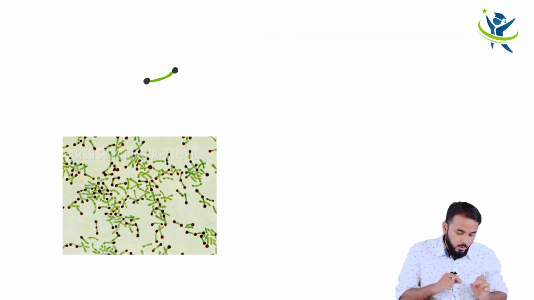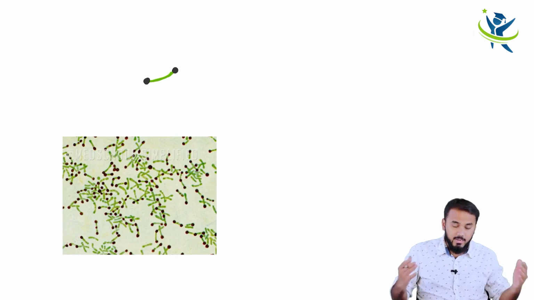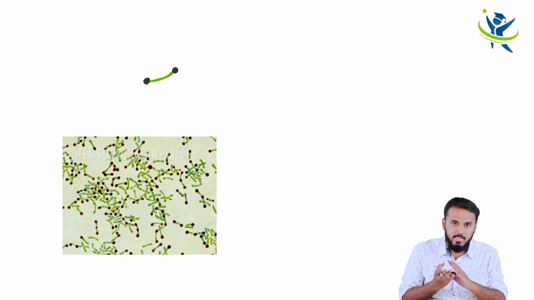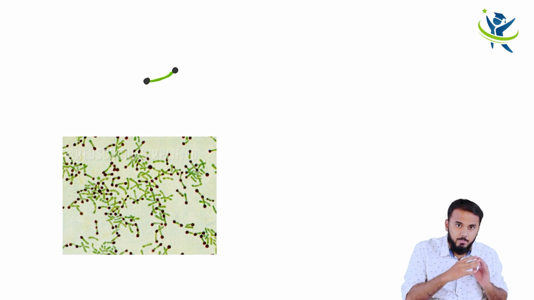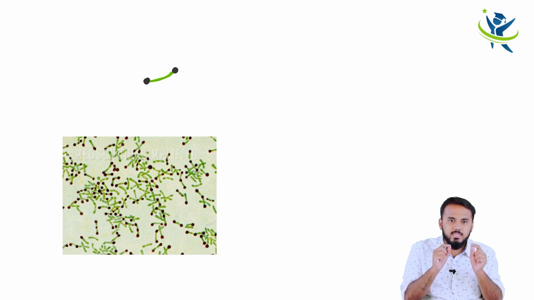Next thing, look at the bacteria here. One bacteria is different from another. I am not saying completely different, but compare the size and the shape of one bacteria with another. Within this slide, no two bacteria have the same size and same shape.